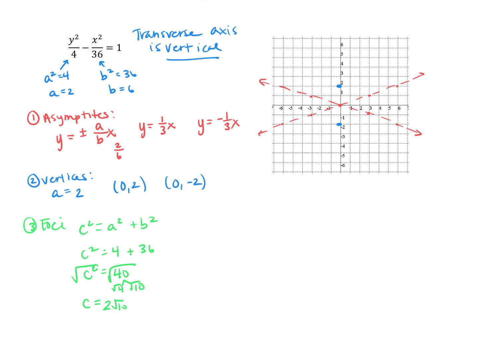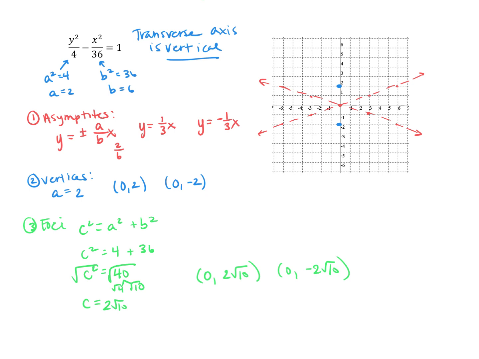Now the ordered pairs for the foci, those are on the transverse axis as well. So on the y-axis means the x is a 0. There's our positive 2 root 10, and then 0, negative 2 root 10. Now, we need to graph this, right? So where is a 2 root 10?